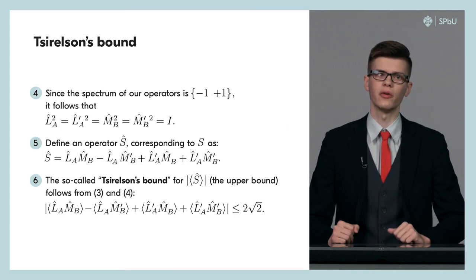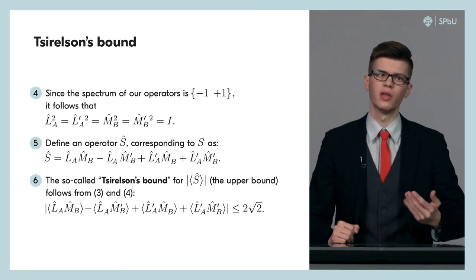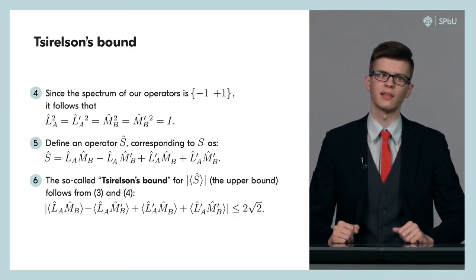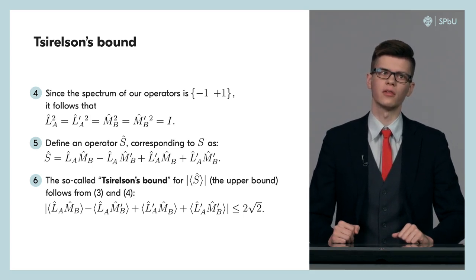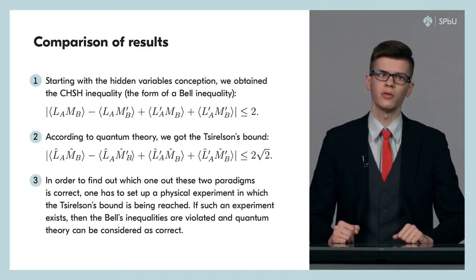So we have found out that according to quantum theory, the magnitude of the averaged S is less than or equal to 2 times square root of 2. The estimation we obtained for S is called the Tsirelson bound and is named after Boris Semyonovich Tsirelson, the one who derived it first. As we can see, the Tsirelson bound is greater than the estimation obtained according to the hidden variables conception.